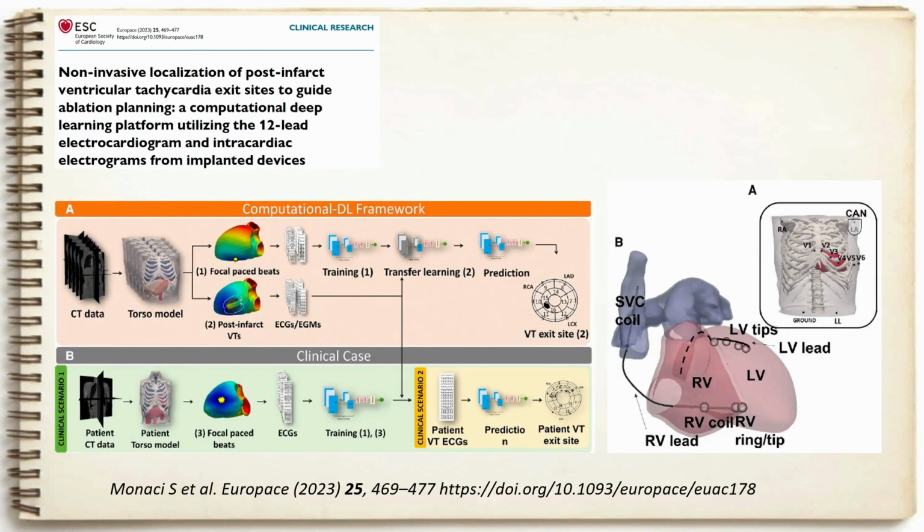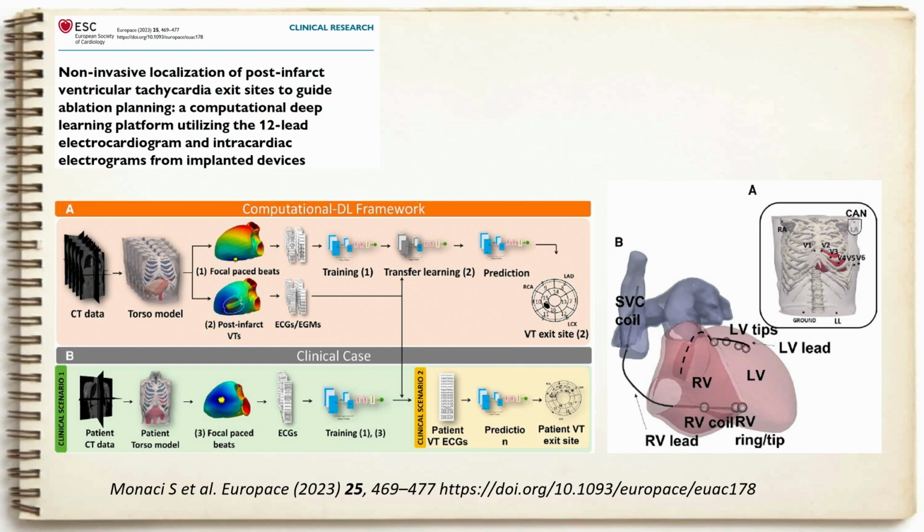We are here at a VT meeting, and this is a relatively recent paper looking at non-invasive localization of post-infarction ventricular tachycardia exit site to guide ablation planning. And this is a combination of computational modeling and real data. And what is important here is that it takes into account not only the 12-lead surface ECG.